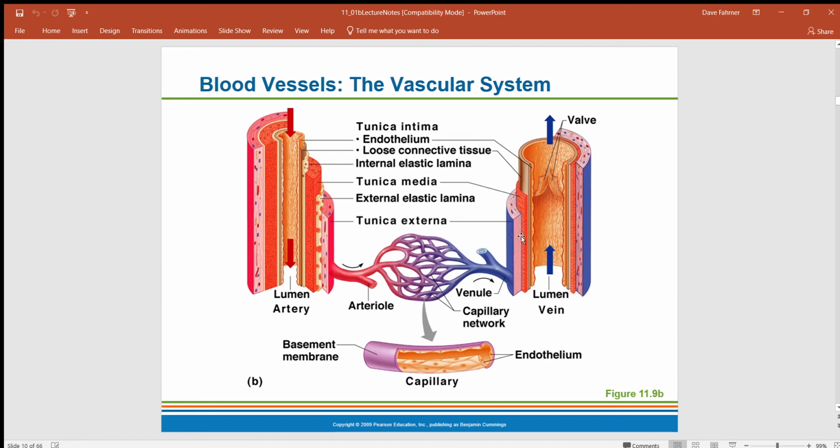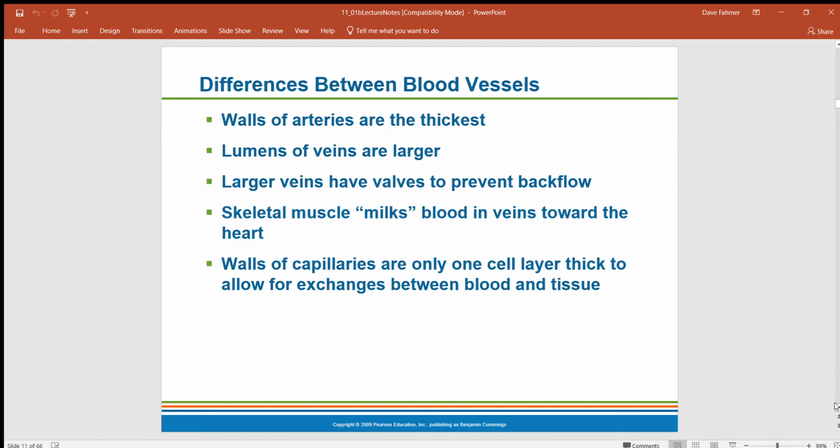So that's basically the difference in the makeup. The anatomy of each of them is going to be directly related to what they do. This one takes high-pressured blood from the heart and delivers it to the tissues, and this one over here, the vein, is going to be just simply trying to return that to the heart under low pressure. So the obvious anatomical differences are going to be related to what they do physiologically.